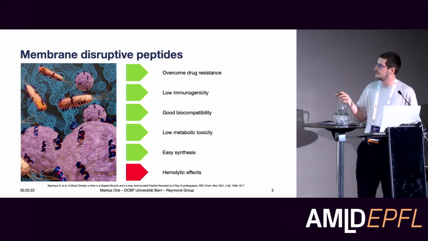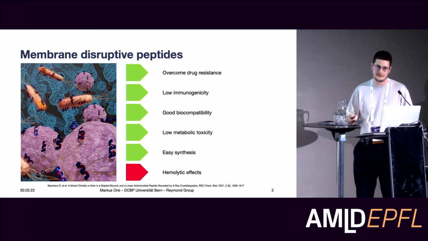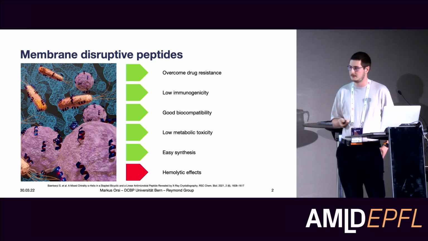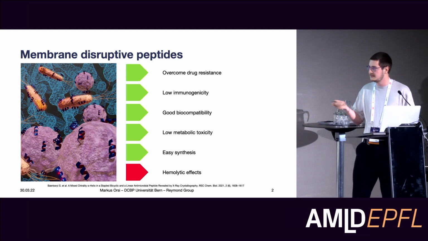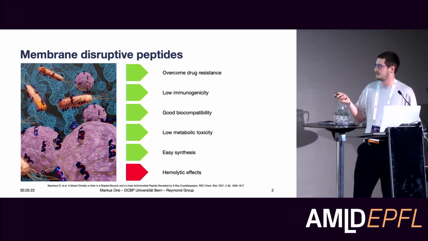Also, because of their peptidic nature, they often display low immunogenicity, good biocompatibility, and low metabolic toxicity, especially when we are using only natural amino acids, this is generally not a problem. And they're also very easy to synthesize.